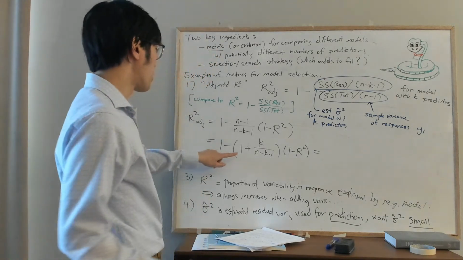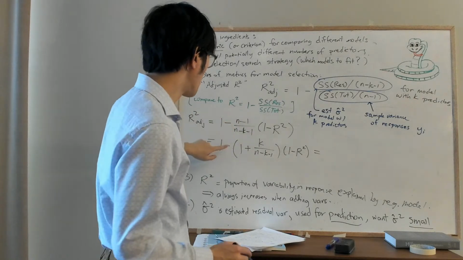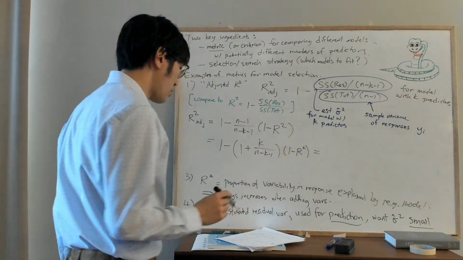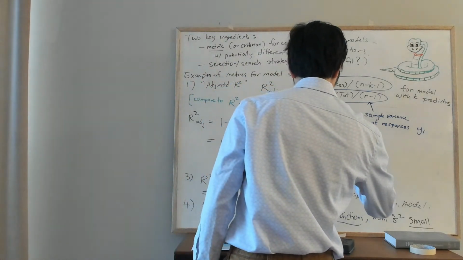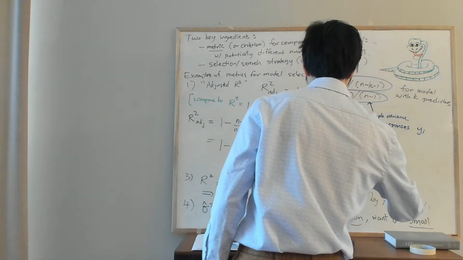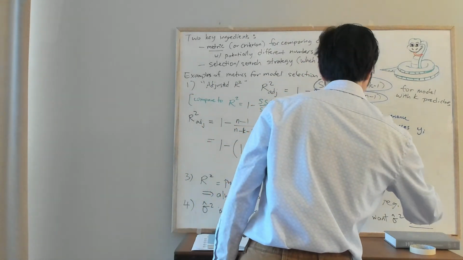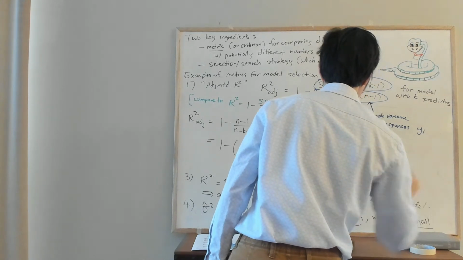Okay, and so therefore I now expand the term, so I have 1 minus 1, that's going to cancel out the 1, and then I have a minus r squared. And then what's left is 1 minus r squared times k over n minus k minus 1.